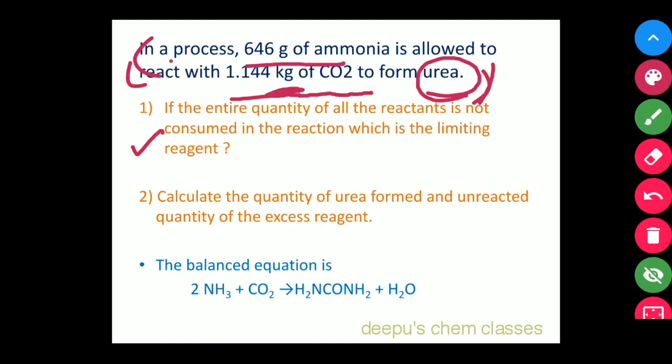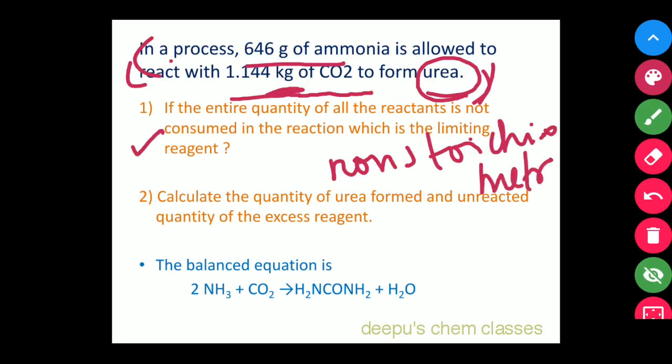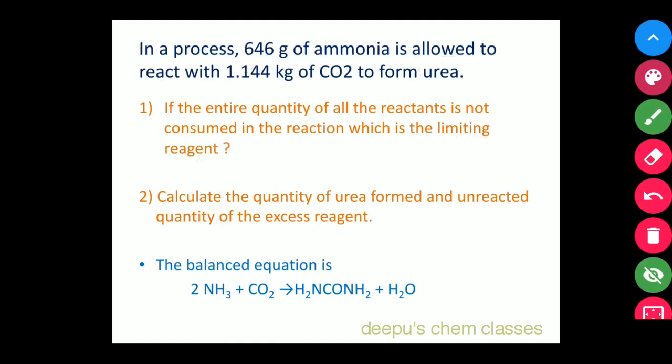That is, when we take non-stoichiometric, unbalanced proportions of reactants, which is completely consumed in the reaction, that means which is the limiting reagent. That is the first question. And the second question: calculate the quantity of urea formed and the unreacted quantity of the excess reagent.